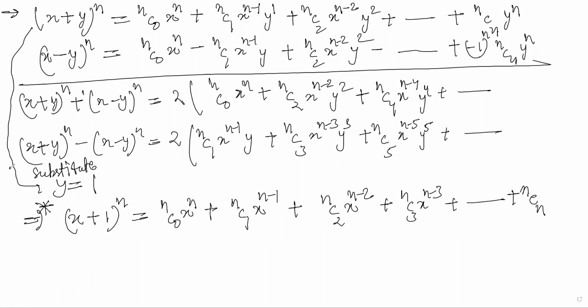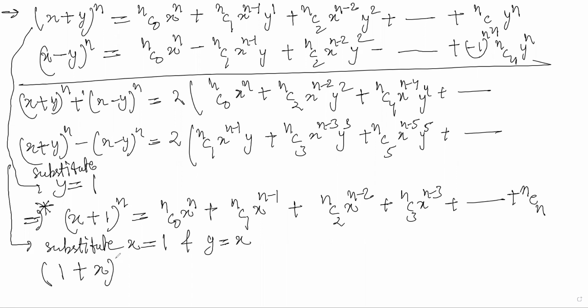Now, again, in this formula, I'm substituting x as 1 and y as x. So in place of x, I will substitute 1, and in place of y, I will substitute x. So this becomes (1 plus x) to the whole power n. Right?